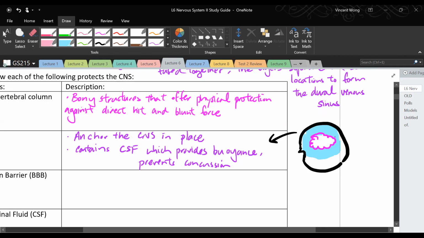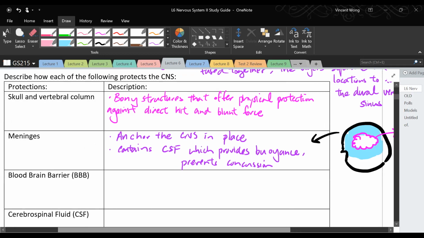Thanks, Stephanie. The brain actually goes backwards. By having this layer of CSF there, it prevents the brain from hitting the back of the inside of the skull, unless the force is really, really hard, like in football. They ram into each other's heads, then the fluid might not be able to stop the brain from hitting the inside of the skull, and the person is going to get a concussion. Concussion is basically when the brain does hit something inside your skull, and that could create a little bit of trauma.